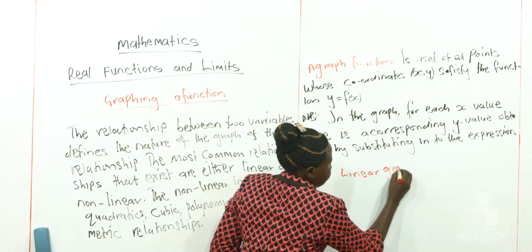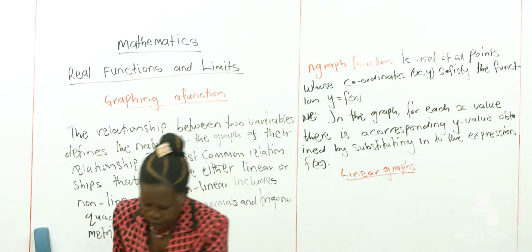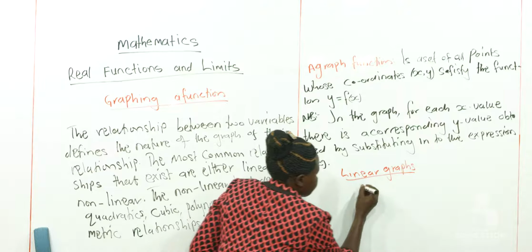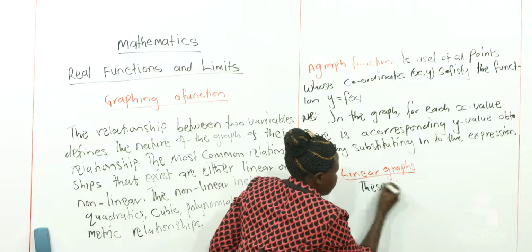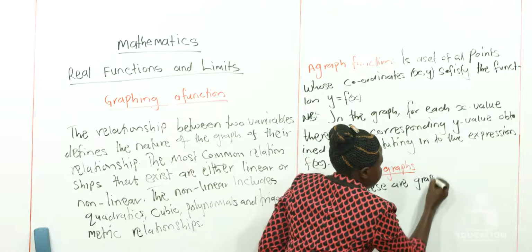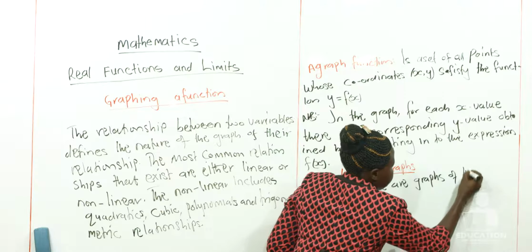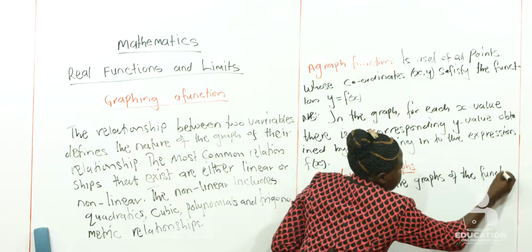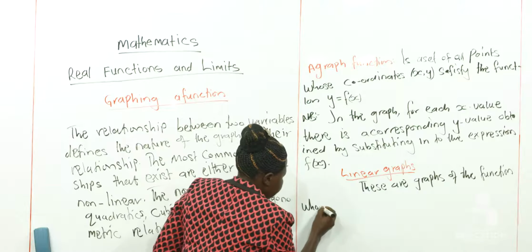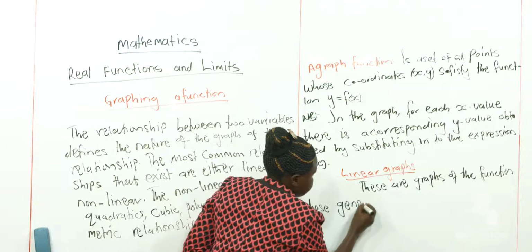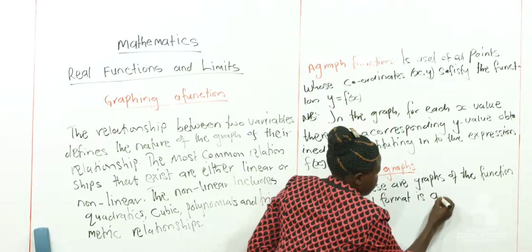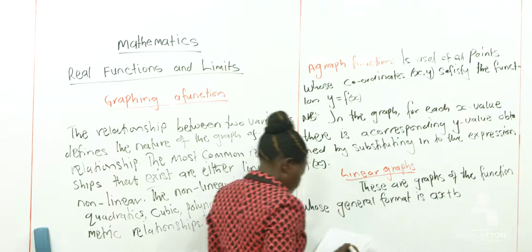A linear graph is a group of graphs of the function whose general format is ax plus b.